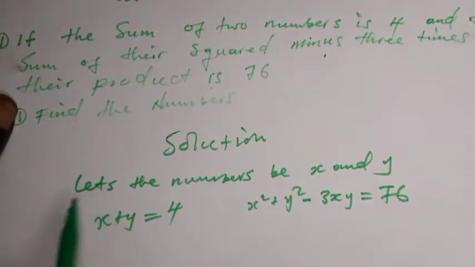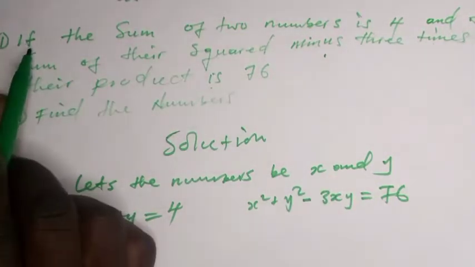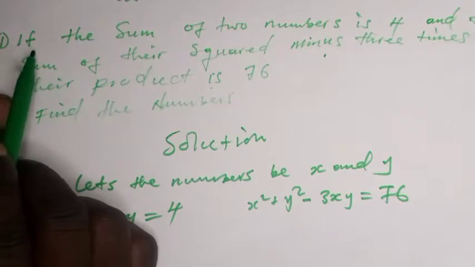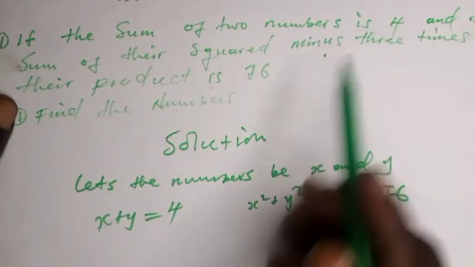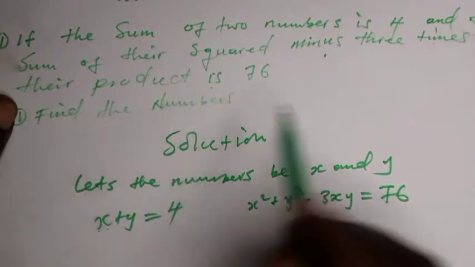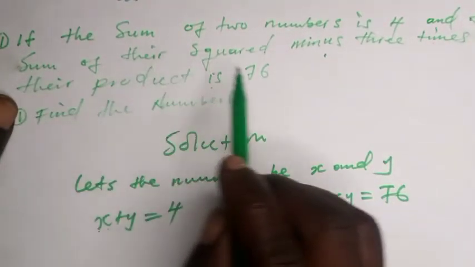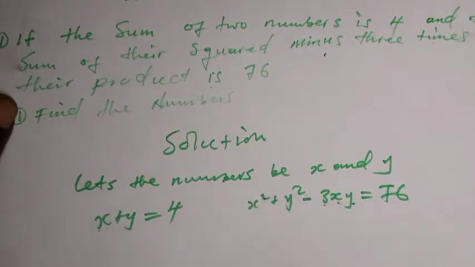Because they are saying let the numbers be x and y, if the sum of the two numbers is 4, then it is x plus y equals 4, and the sum of their squares minus 3xy equals 76.